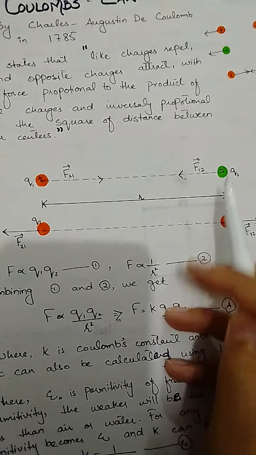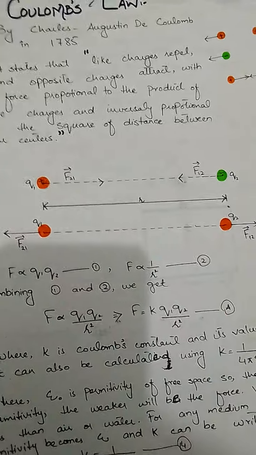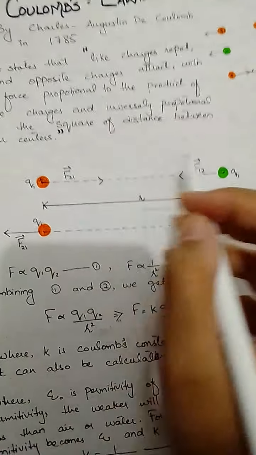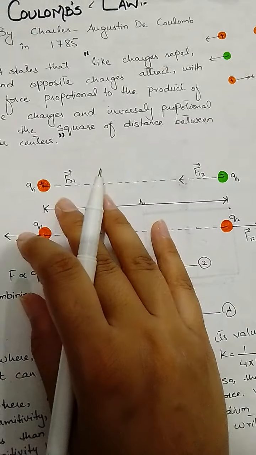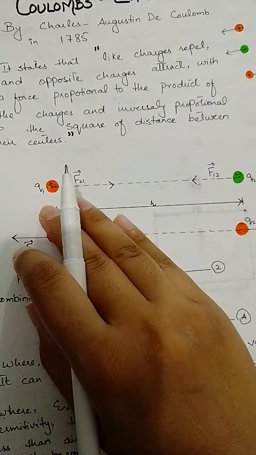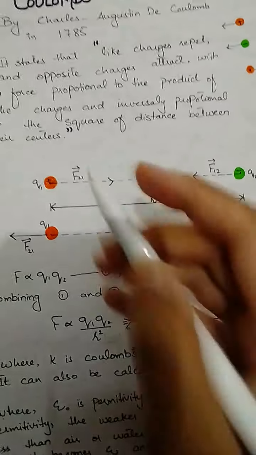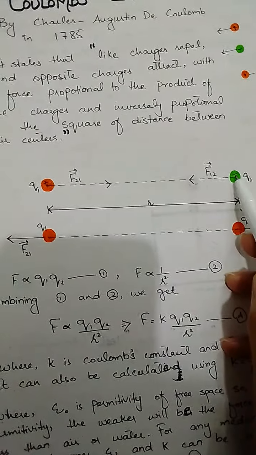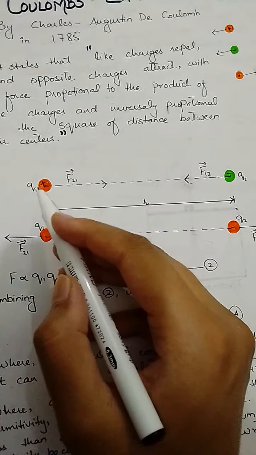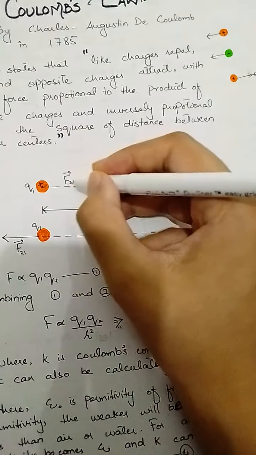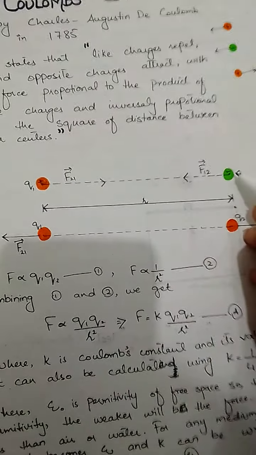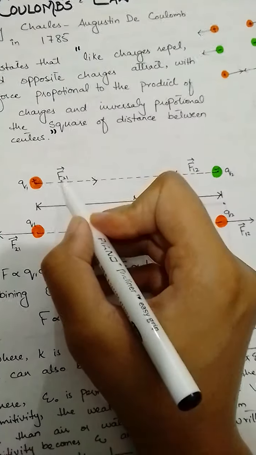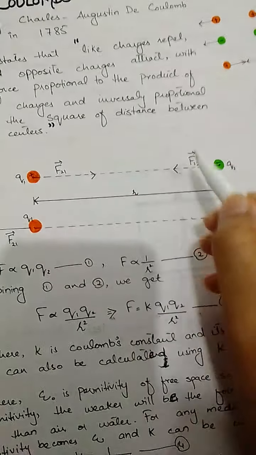R is the distance between these charges, right? F21 and F12 are the forces applied by this charge and this one. Now F21 is the force applied by Q2 on Q1, because the subscript comes first, so it means that the Q2 charge has applied the force on charge Q1.